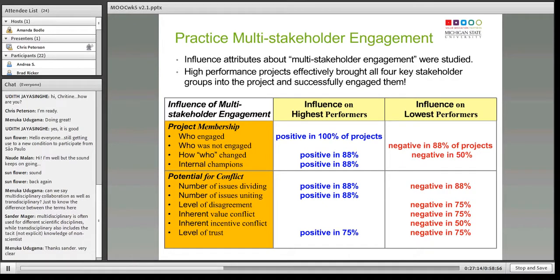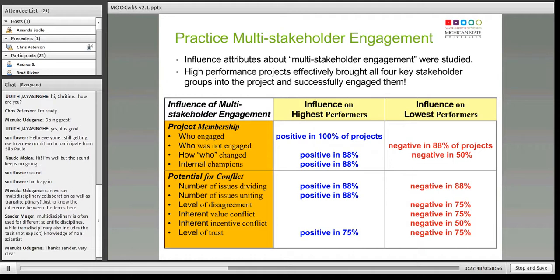You know, who engaged, and an interesting change of that question, who was not engaged, how did the who change over the life of the project, and what kind of internal champion emerged out of the project membership. Well, notice that we have very positive who characteristics for our high performers, and notice what the big negative was for our low performers.